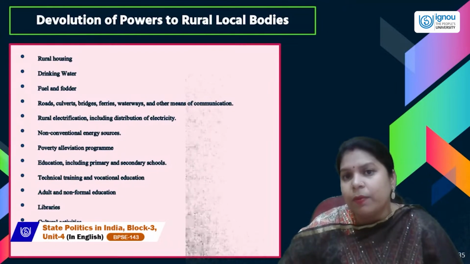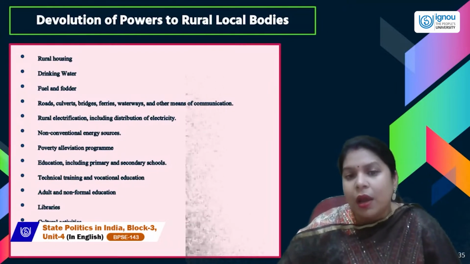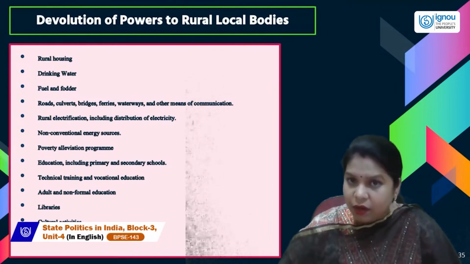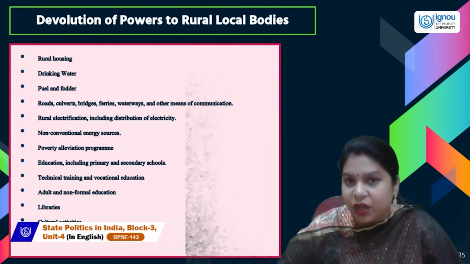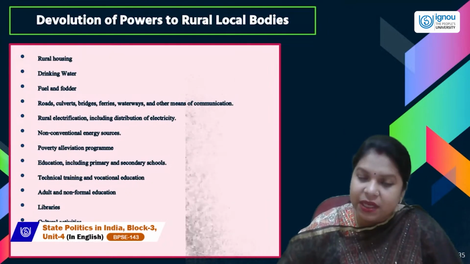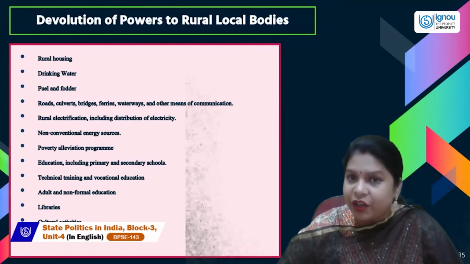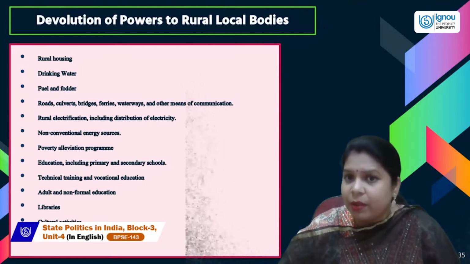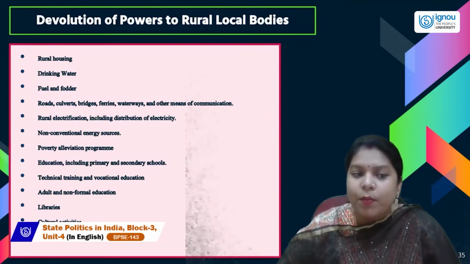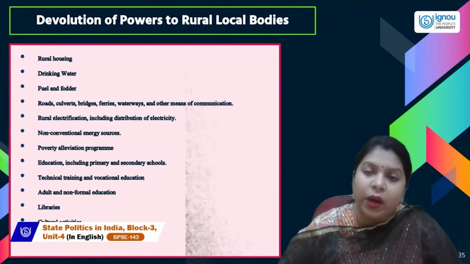So it also gives attention to the means of communication in a village and in an area. Also, rural electrification, including distribution of electricity, non-conventional energy resources, and poverty alleviation programs. This is also very important because in rural areas, poverty alleviation programs work wonders.